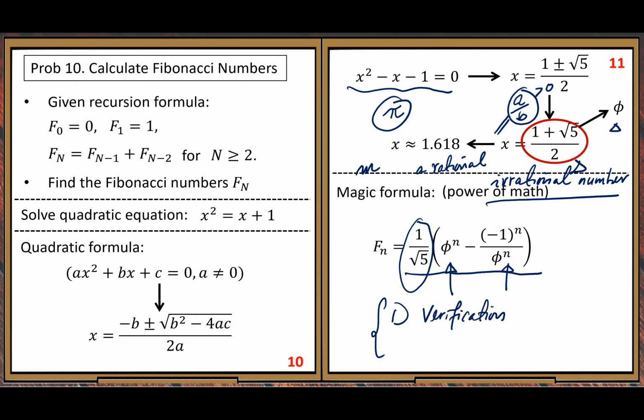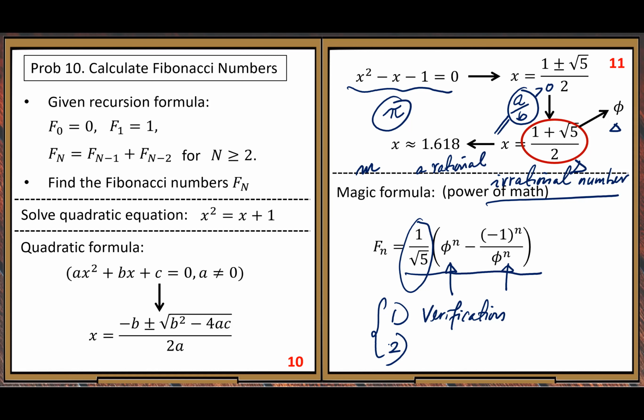Then after verification, we feel it's correct. We have verified it, so we can use it without any question. But after that, you may have the second question: how do you find it?